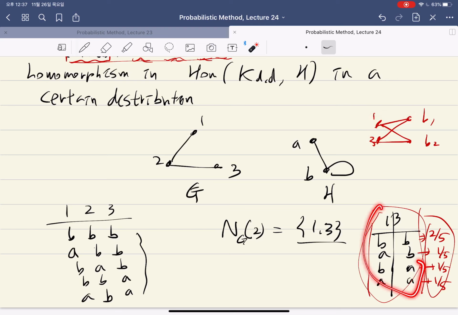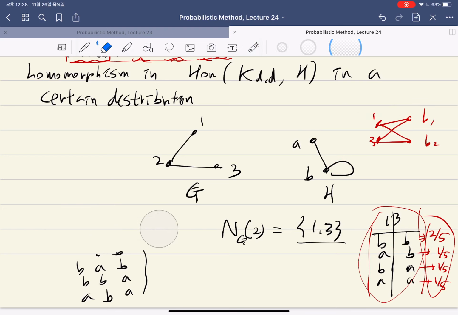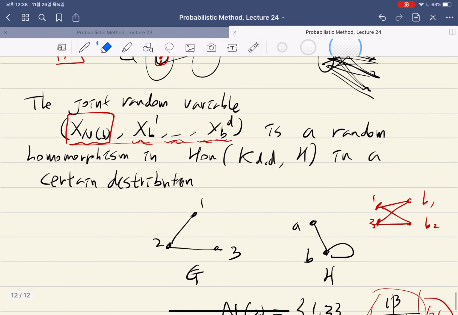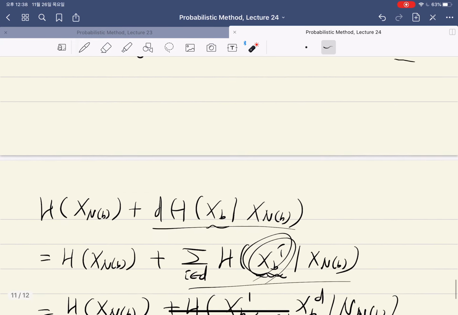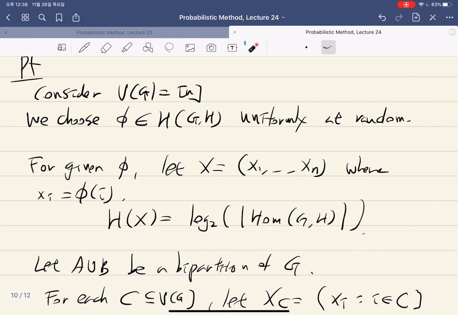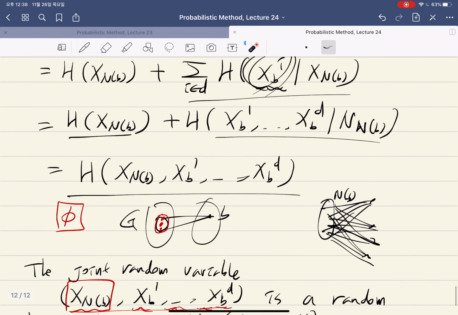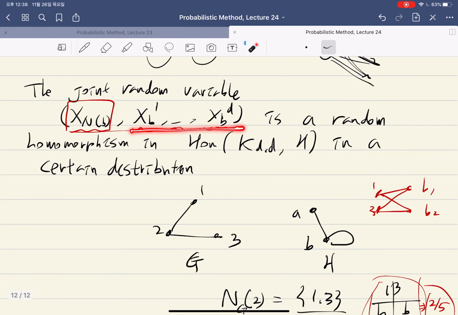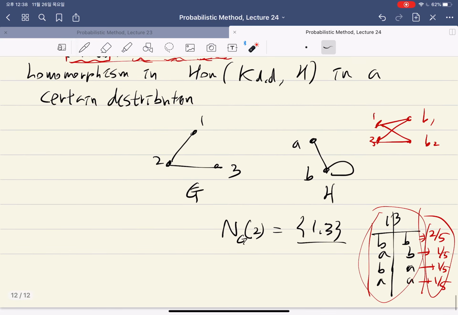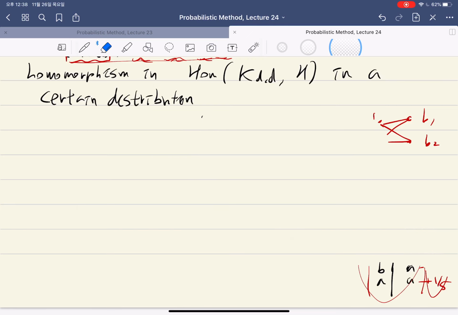If both of them are AA, then it is mapped to B. If both are BB, then it could be mapped to B or to A, with 2 choices. So now you see that this is some distribution which we obtain from this choice, a certain probability distribution on the set of homomorphisms from K_{D,D} to H.